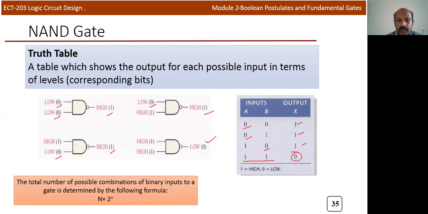And similarly, we can write this for n number of inputs. For example, this is n equal to 2, so you get 2 squared, 4 different combinations.